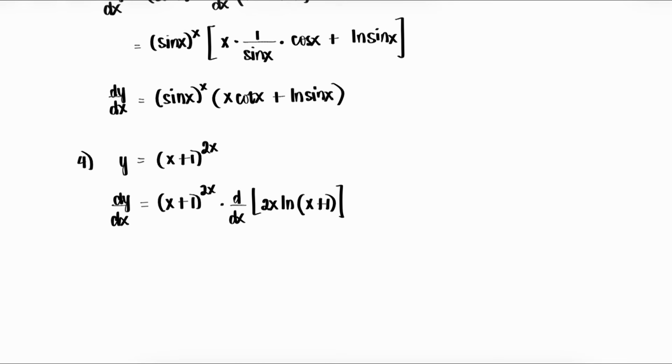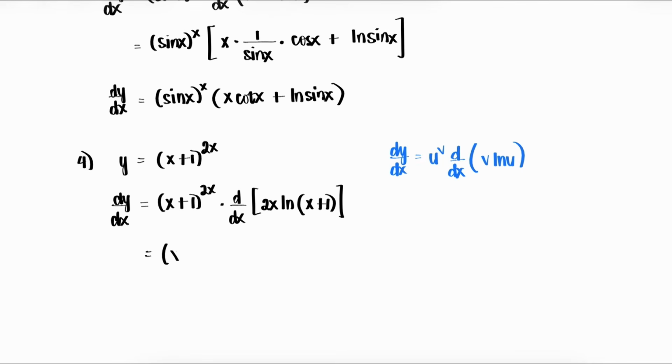Okay, again the formula, it's u to the power of v, derivative with respect to x of v ln of u. So our v here is 2x, our u is x plus 1.